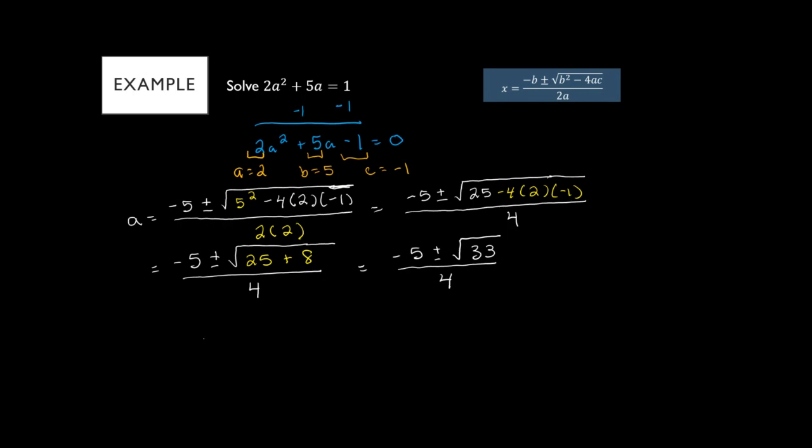But if it's just solving and there's no word problem associated with it, we need to keep it in exact form, and that means leaving it in square root form. So we want to try to simplify the square root if possible. In this case, the square root of 33 does not simplify, because 33 is 3 times 11, and those are both prime numbers. So we can't take square roots of either one of them. This is already simplified, so we leave it as the square root of 33.